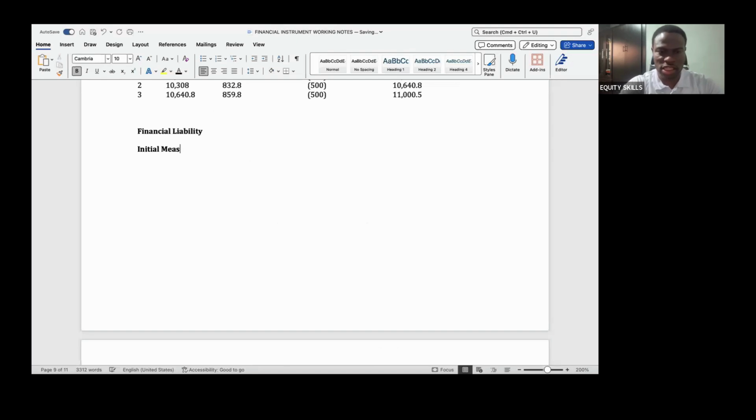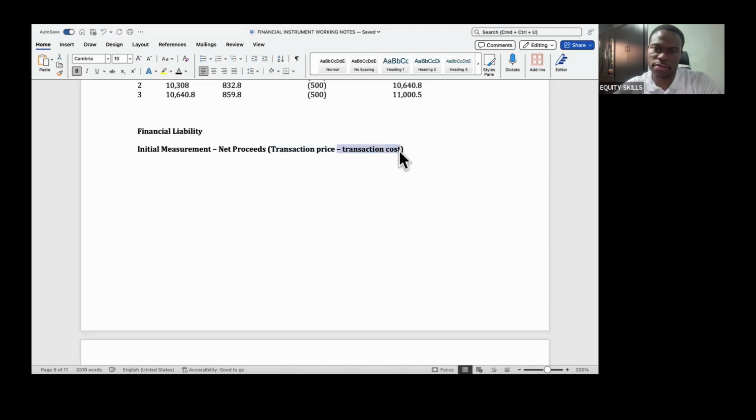Meaning that the initial measurement here is net proceeds. That is transaction price minus your transaction cost. You know that transaction price will be the amount you collected.